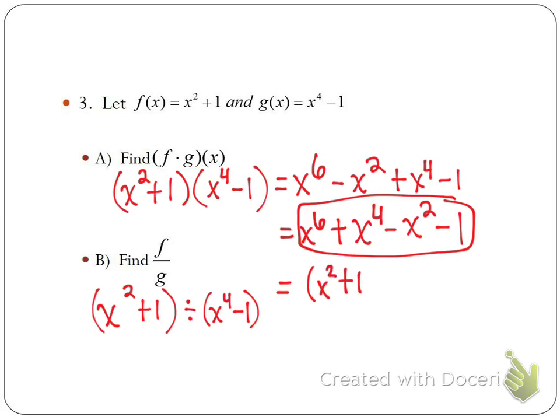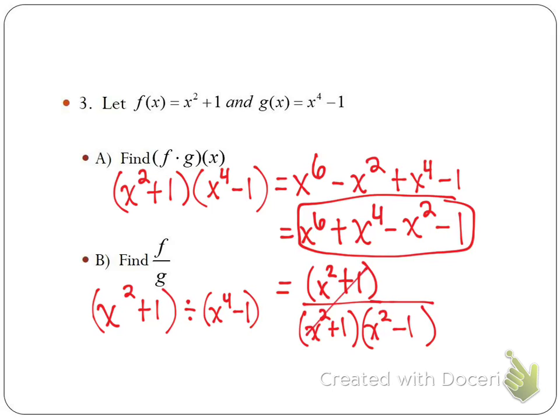Is x squared plus 1 going to factor? No. But x to the 4th minus 1 will. It's still a difference between two perfect squares. So it factors into x squared plus 1 and x squared minus 1. We did see that in chapter 6. What's going to cancel out here? X squared plus 1.